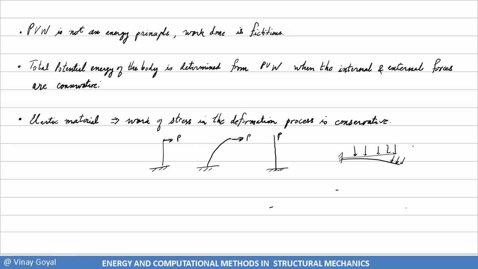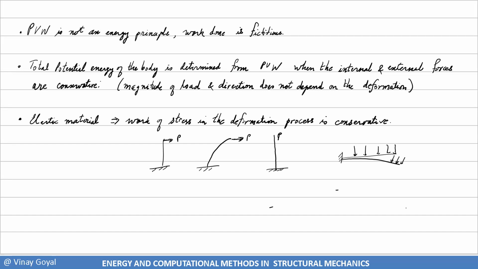So a conservative load is one where the magnitude and direction of the load do not depend on the deformation. If it does, you have a non-conservative system, and you cannot use the idea I'll be discussing next.